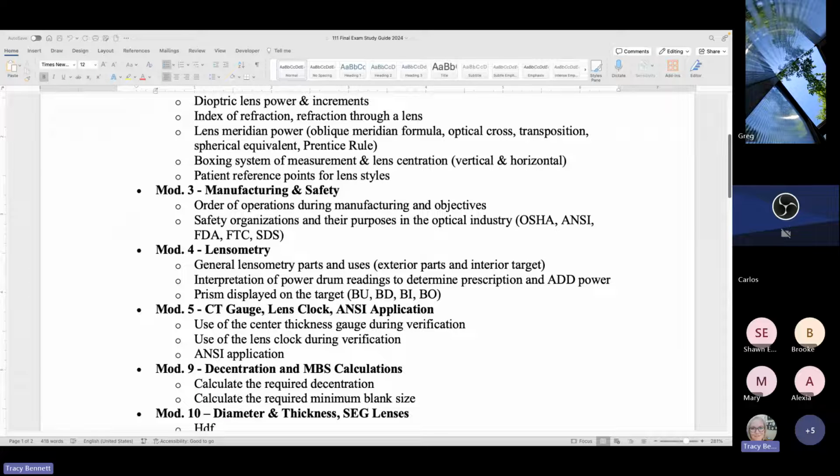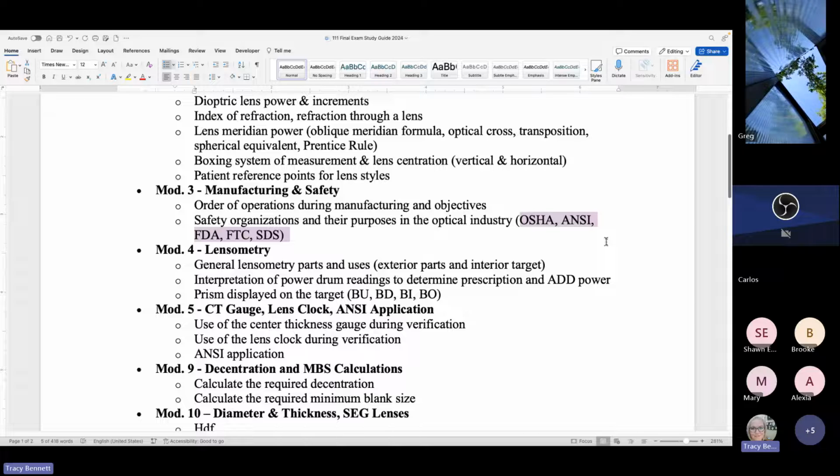Okay. All right. So yeah, I'm right here with OSHA, ANSI, FTC, the Federal Trade Commission, and they do that eyeglass rule. I don't think we talked a whole lot about that. It was in the safety worksheet that you did for 131.